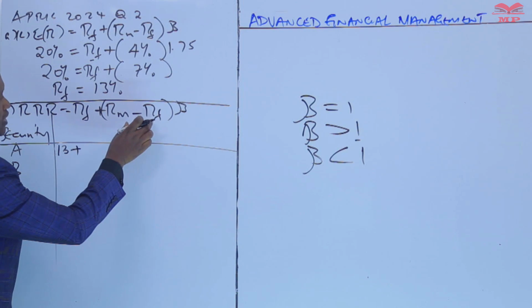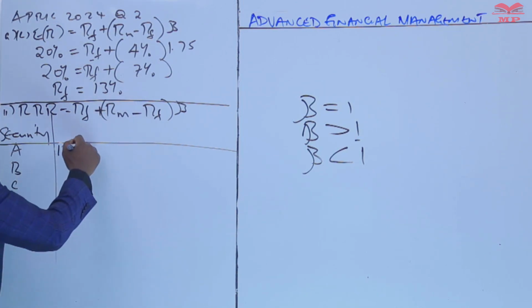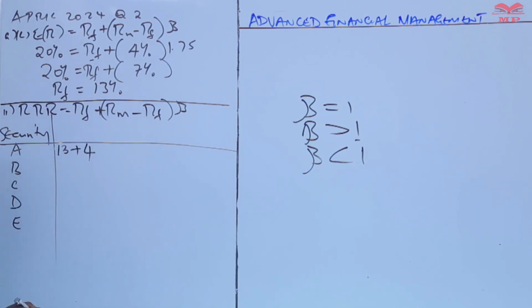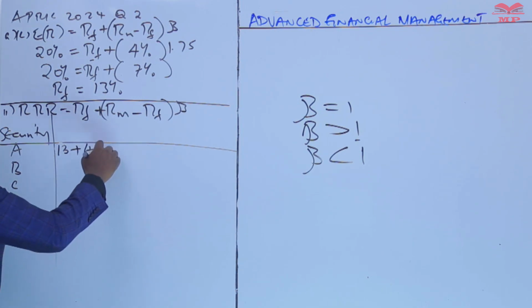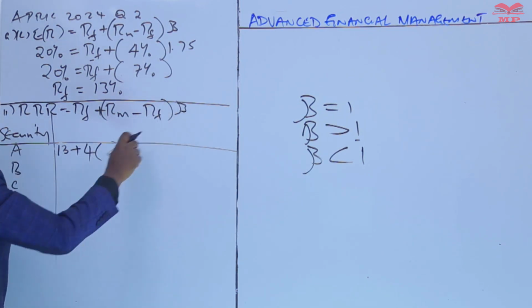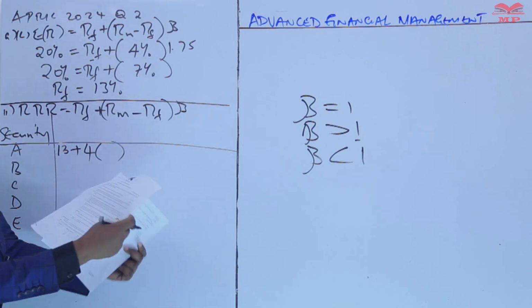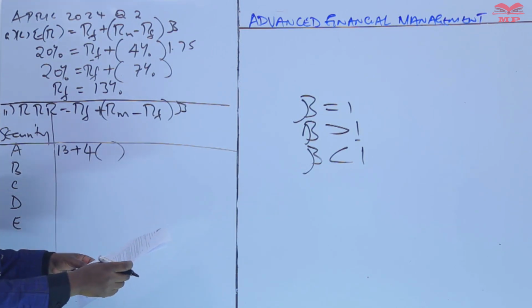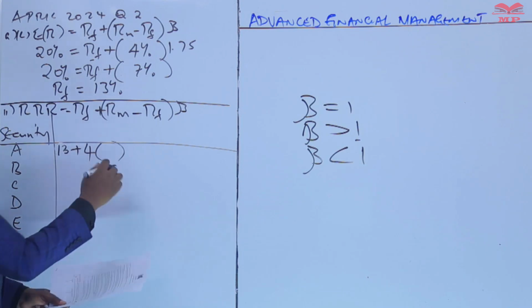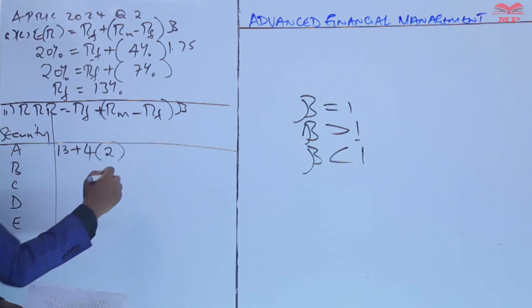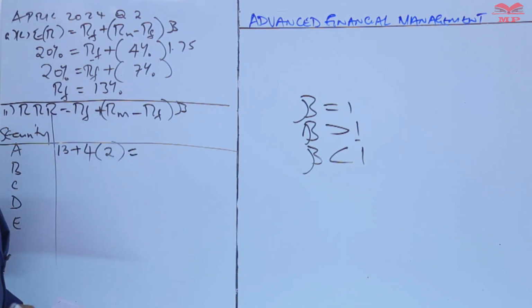Market return minus risk-free is the premium. The premium is also 4% for all the securities. Then we multiply by the beta for security A. The beta for security A is 2. That will give us the required rate of return.